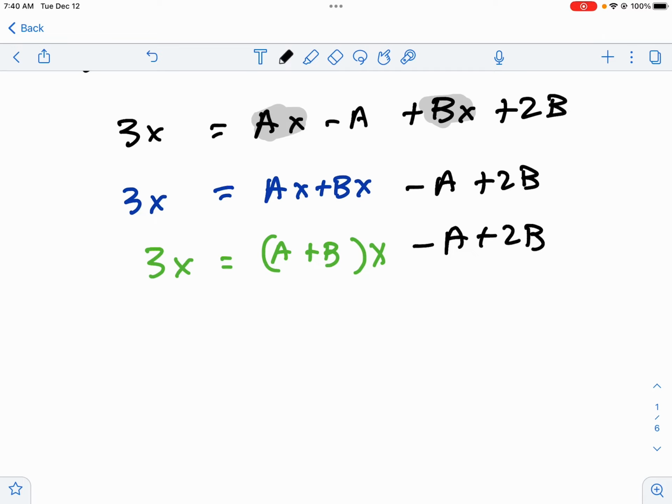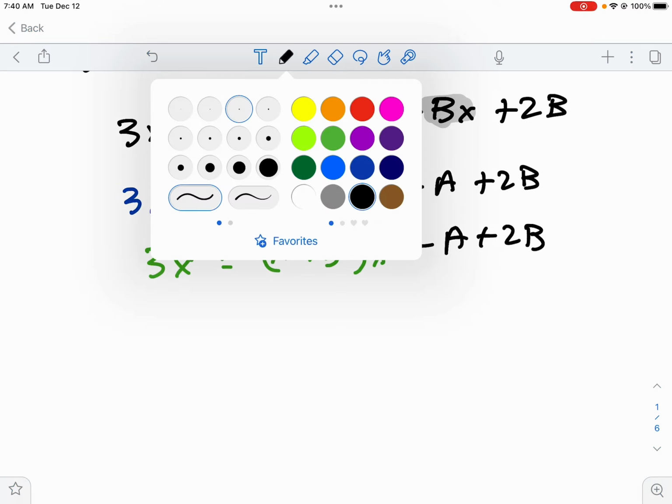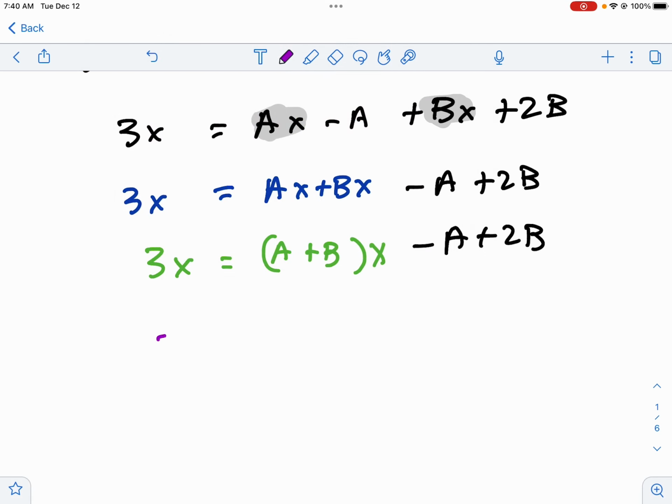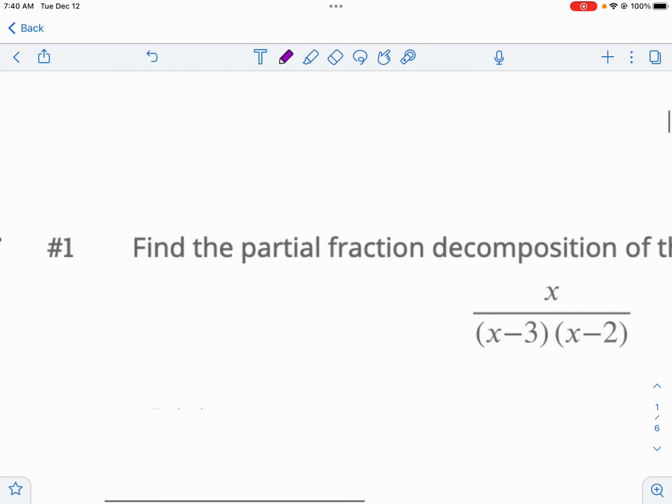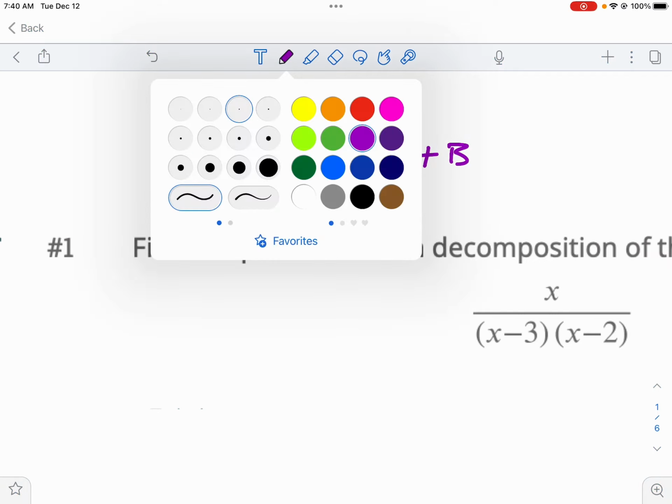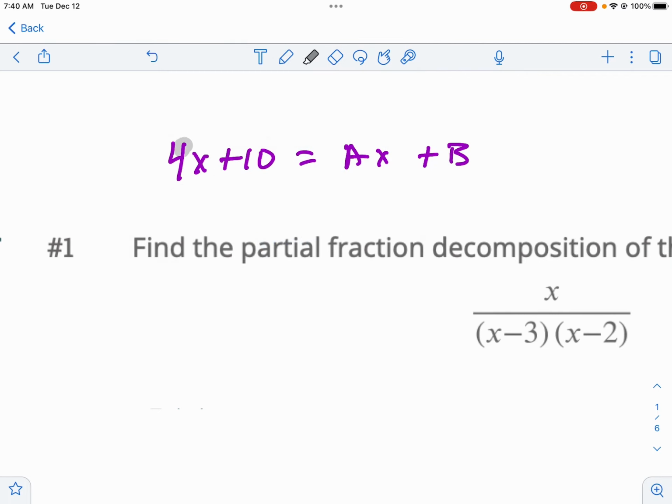So when you have this set up like this, what you can say is 3 is equal to a plus b. The reason you can say that, imagine if you have something like this. Let's say 4x plus 10 is equal to ax plus b. If you have something like that, since these both have an x, you can say that 4 is equal to a, and 10 is equal to b, because they both don't have an x.